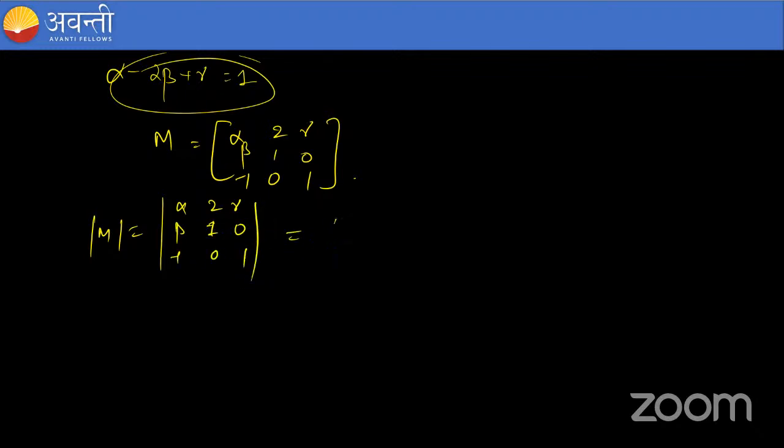So this will come out to be alpha plus 2 plus 0 minus gamma plus 0 minus 2 beta. So this will come out to be alpha plus 2 beta. Alpha minus 2 beta plus gamma.